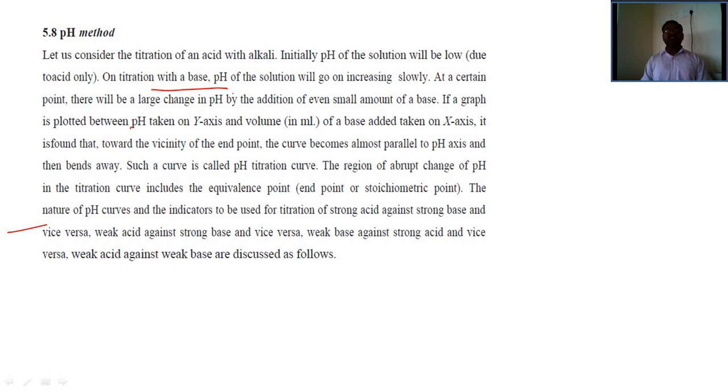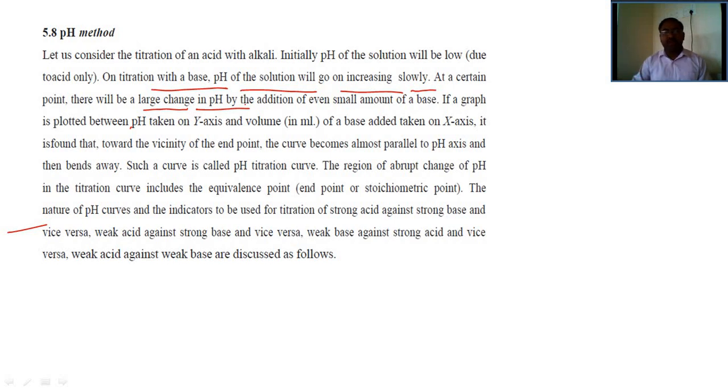On titration with a base, the pH of the solution will go on increasing slowly. At a certain point, there will be a large change in pH by the addition of even a small amount of base.